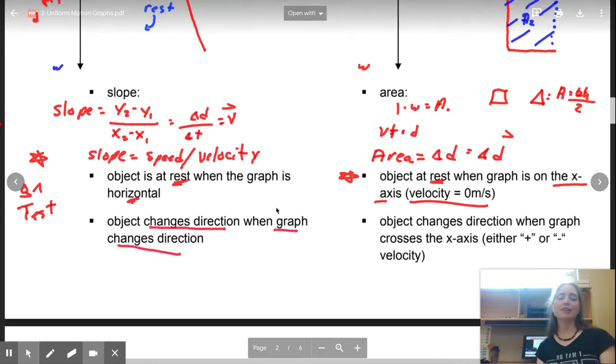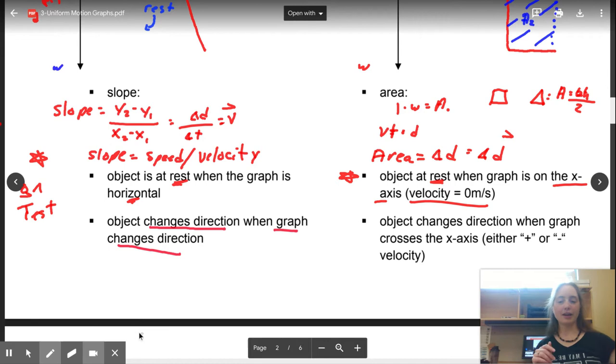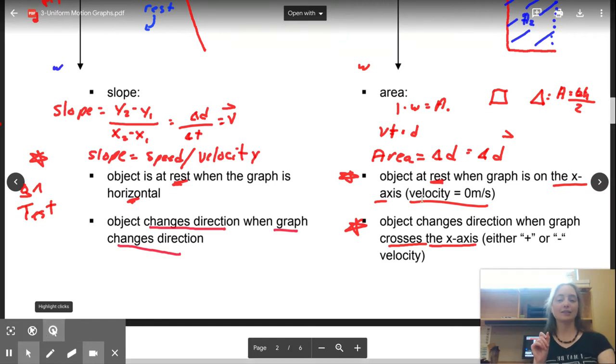The object changes direction on a velocity time graph when you cross the x-axis. That's super important, when you cross the x-axis.